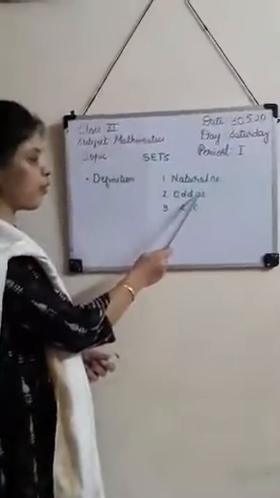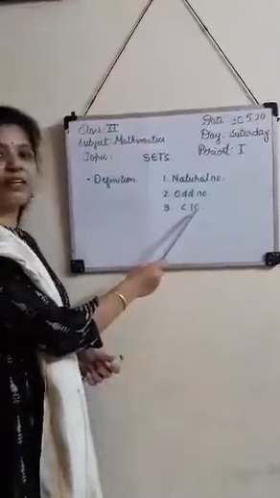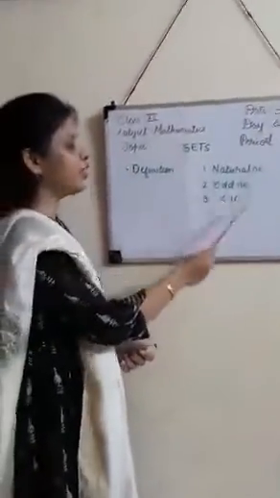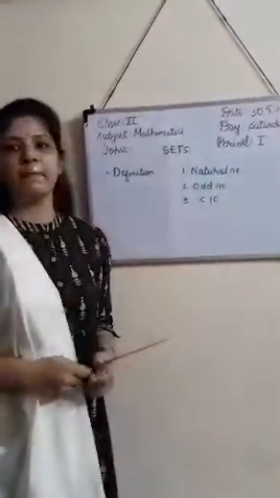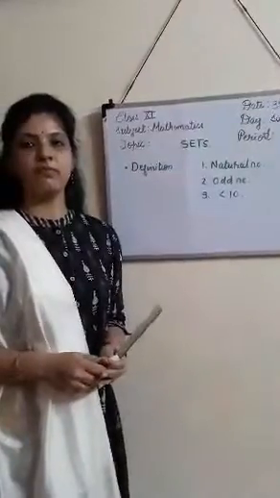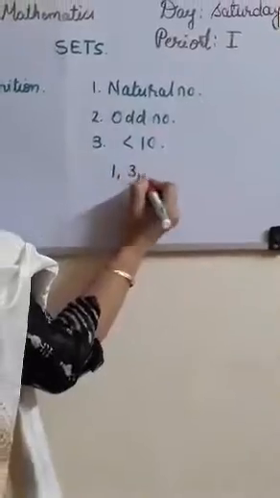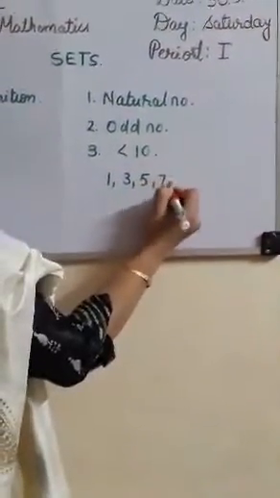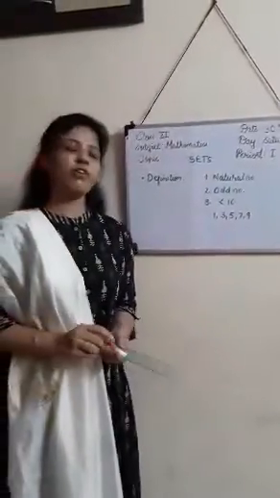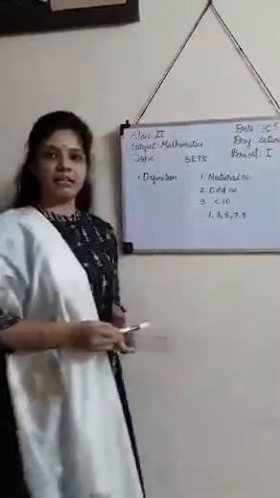The number should be a natural number, it should be an odd number, and the number should be less than 10. What numbers have all these 3 properties? 1, 3, 5, 7, 9. Good. So 1, 3, 5, 7 and 9 are our required set.